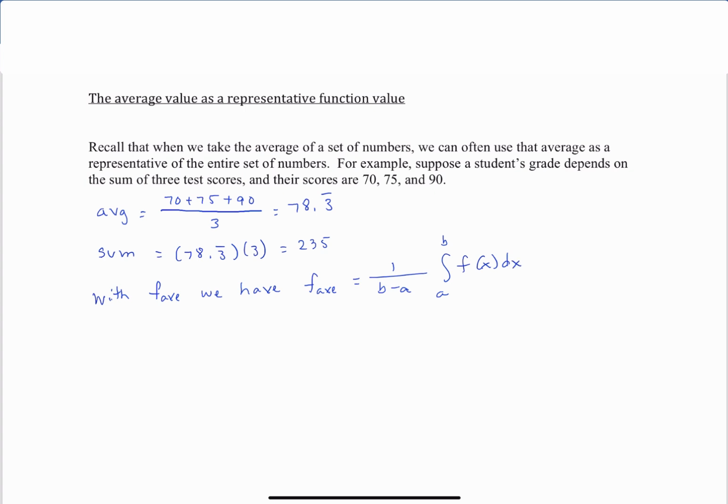If I multiply both sides of this by b minus a, I get that the average score, or the average function value rather, times b minus a would give me the definite integral of all those infinitely many function values over the interval from a to b.